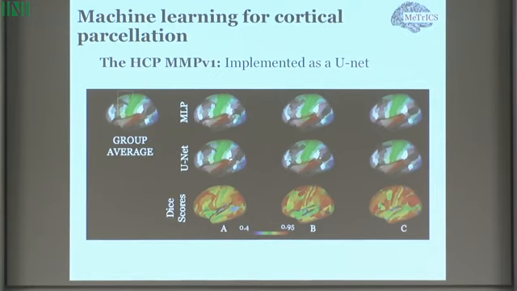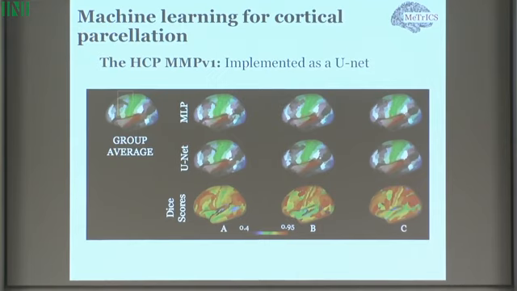Obviously, doing this as an MLP and training 360 different classifiers is perhaps suboptimal. It's slow to train all of these different methods and predict on them.